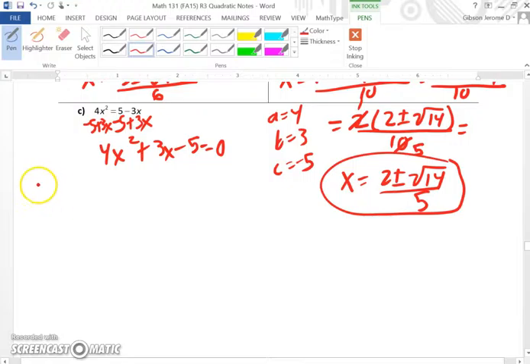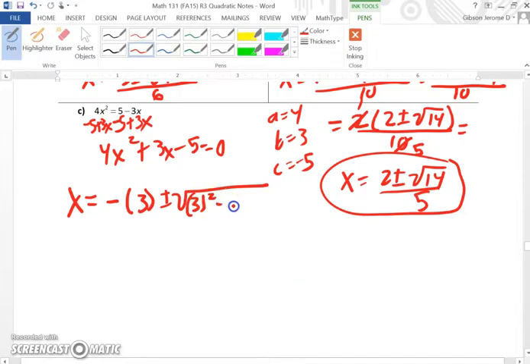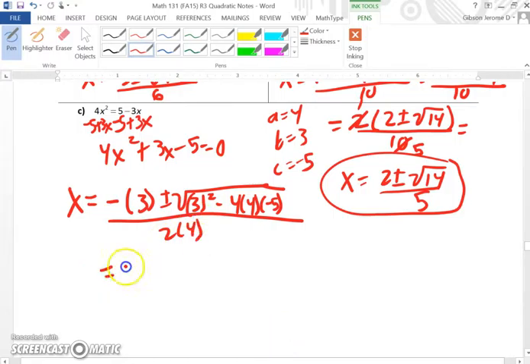So we would do our equation here. We have x is equal to the opposite of 3 plus or minus the square root of 3 squared minus 4. A is 4 and C is negative 5. And this is all over 2 times 4.